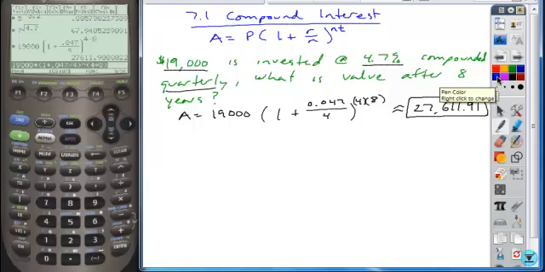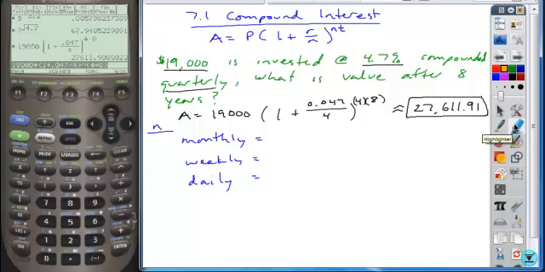Okay, what I want you to do is just take a moment here, and find out what would be the value if it was compounded monthly, weekly, and daily. You don't have to retype all of this every time, right?